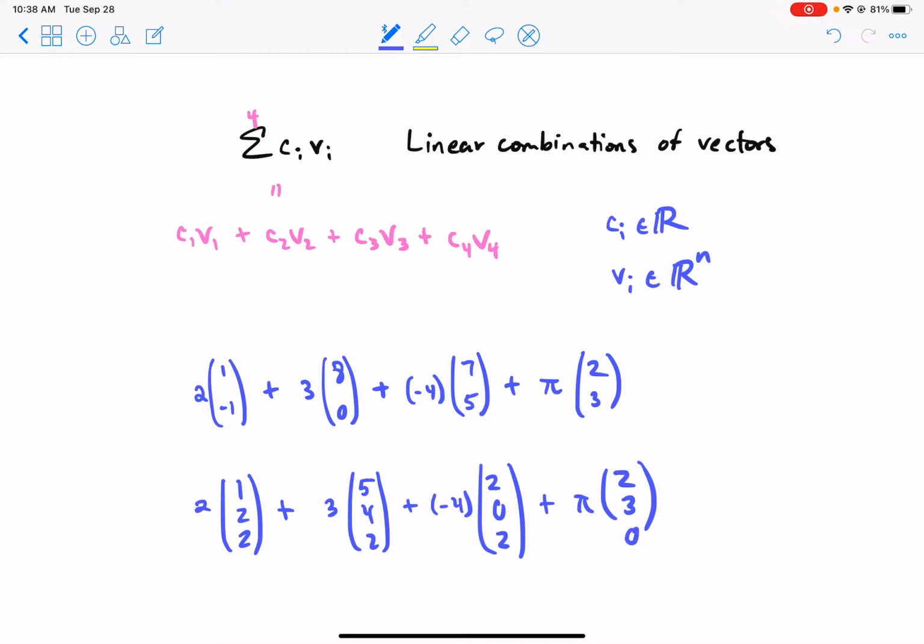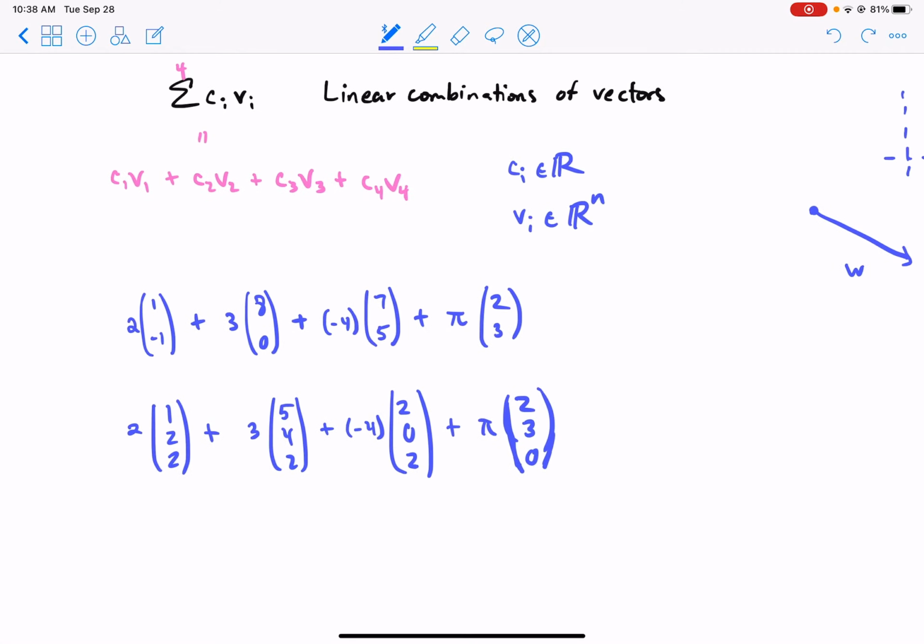So be careful about that and know that each of these v's has to be a vector in the same size space. In particular, the v_i could be in R^1, and this will come up. What would that look like? Well, then our vector just has one component.